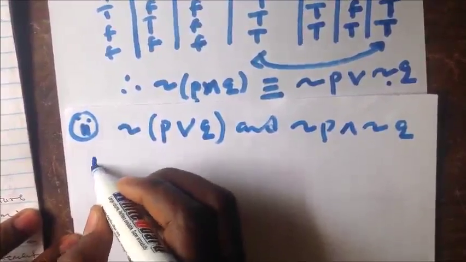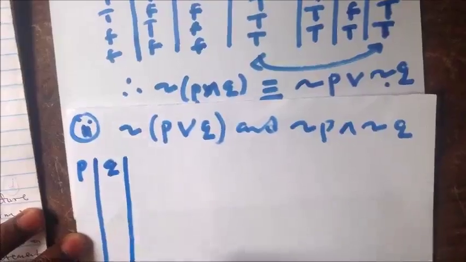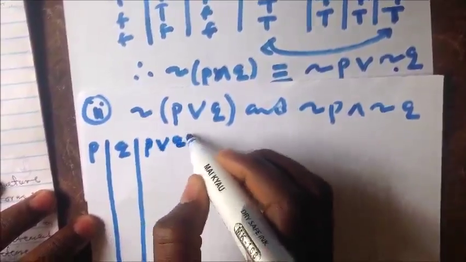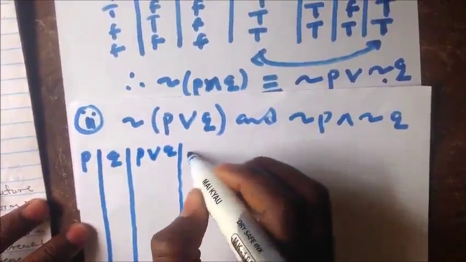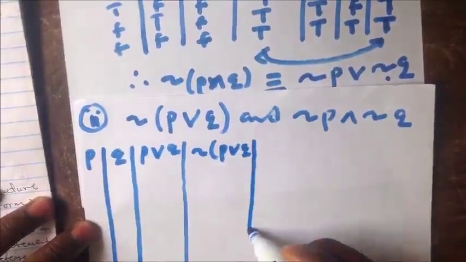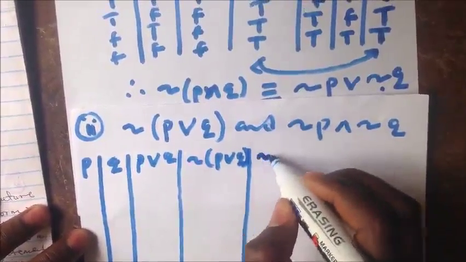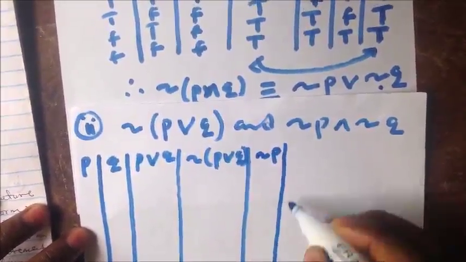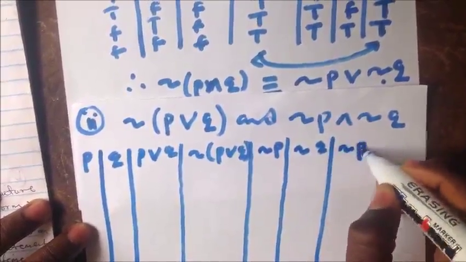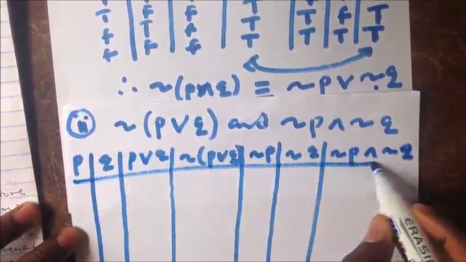This is the P column, this is Q, this is P or Q, this is the negation of P or Q in brackets. Then we have the negation of P, the negation of Q, and the negation of P and negation of Q.